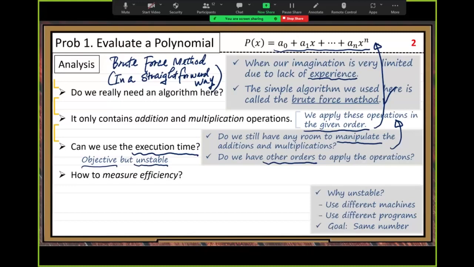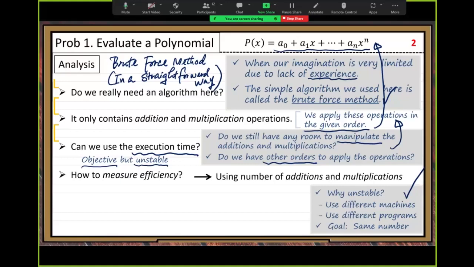Here, how to measure efficiency in a stable way. In this problem, we want to use the number of additions and the number of multiplications. Then we can fix this unstable problem. Because on different machines, the numbers are the same, right?